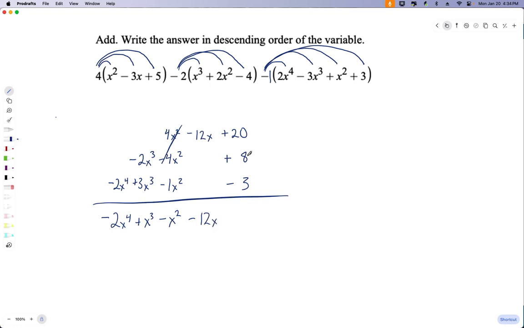And this becomes, see, a positive 28. That's going to be a minus 3. It's going to be a positive 25. So this would be your answer. Negative 2x to the 4th power plus x cubed minus x squared minus 12x plus 25.